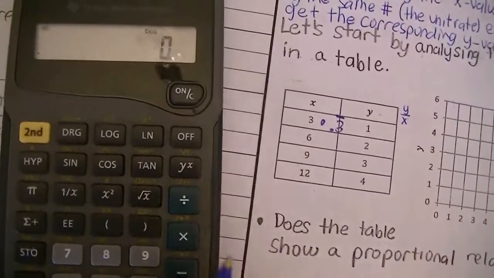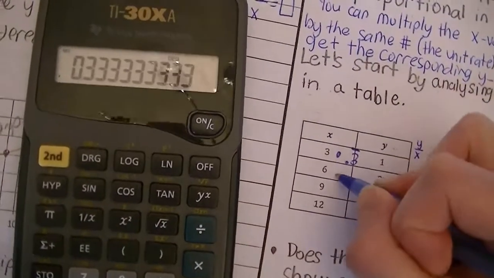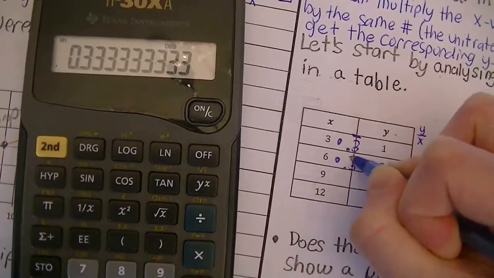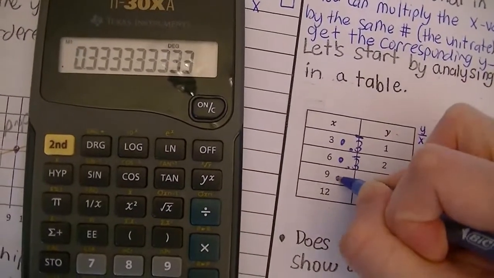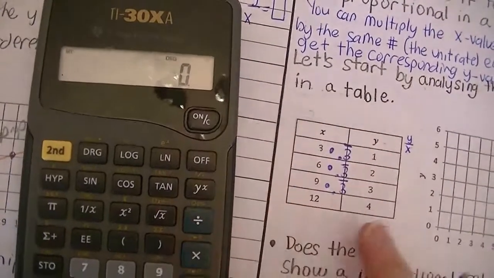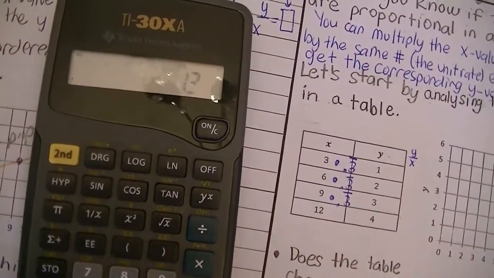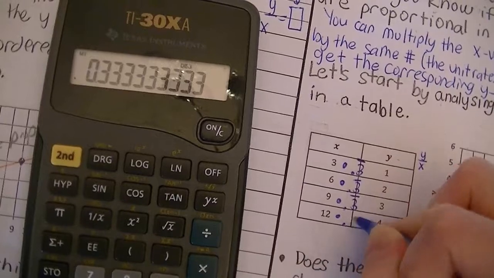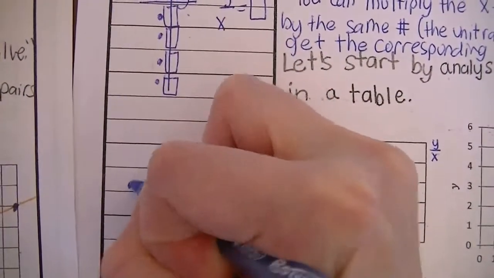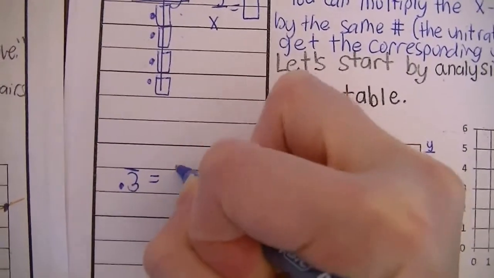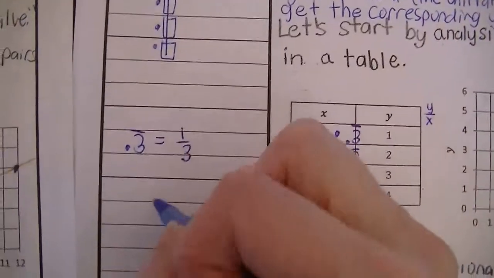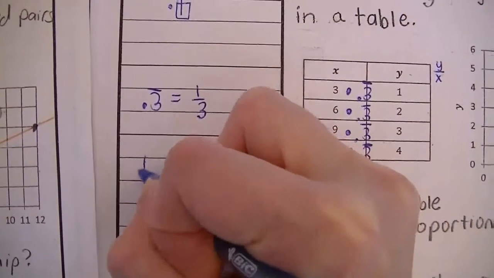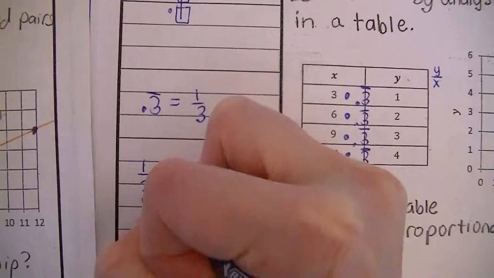Okay, 2 divided by 6, same thing. 3 divided by 9, same unit rate. 4 divided by 12, same thing. Something I want you to know is 0.3 repeating is equal to 1/3. So when I went y divided by x, y was 1, x is 3, 1/3.